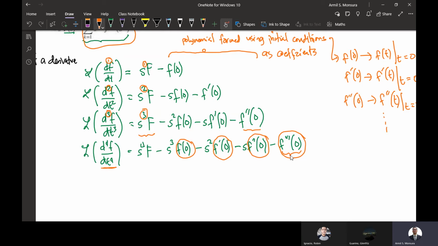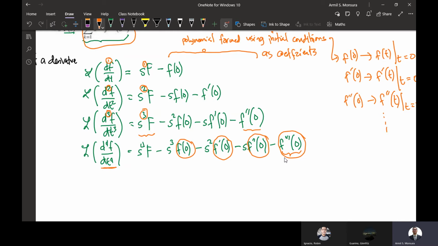Ngayon, later on, dahil ang consideration natin dito sa ating course is that we will consider analyzing the analysis of your system with zero initial conditions.